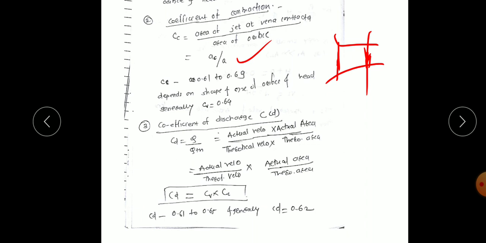It means the actual flow rate will be less than the theoretical flow rate because of different losses due to friction or pressure loss into the velocity, so the flow rate is reduced. This is calculated by the coefficient of discharge.